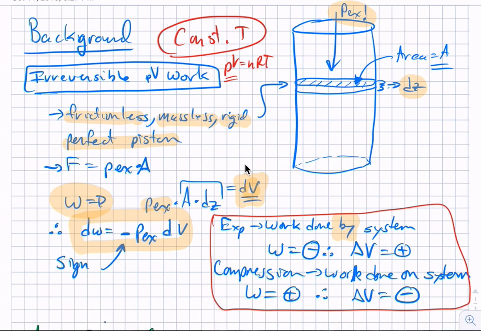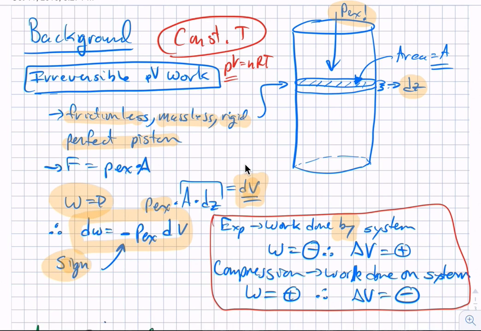And so we can put those things together. We have the equation dW equals minus PEX dV, and again that sign basically comes from our definition or the language.